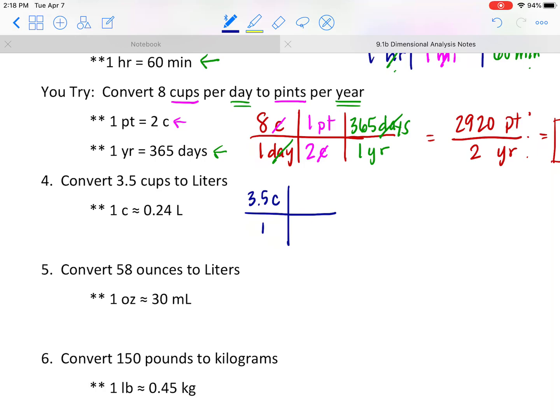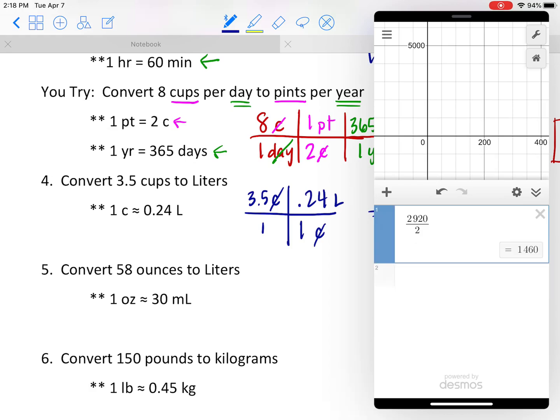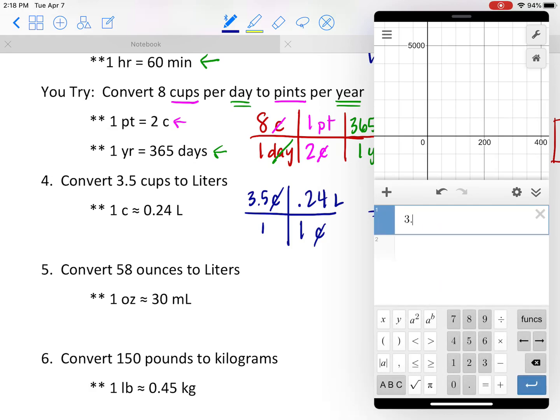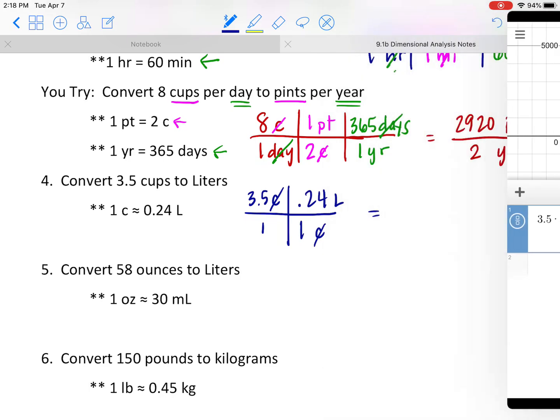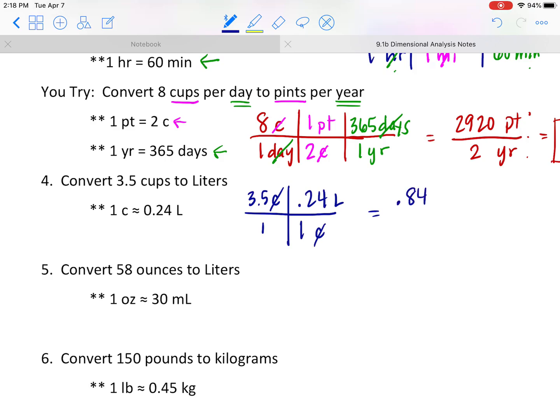So let's see here. We want to go from 3.5 cups to liters. So I'm going to make my little T. I'm starting with 3.5 cups, and I'm going to put a 1 here for that missing spot. Then we're trying to get to liters, so I'm going to use my unit fraction. I'm trying to get rid of cups, so I'm going to put the 1 cup here and the 0.24 liters here so that the cups cancel. If I multiply across the top, we have 3.5 times 0.24, and that gives me 0.84 liters, and the bottom is just a 1, which means we don't need it.